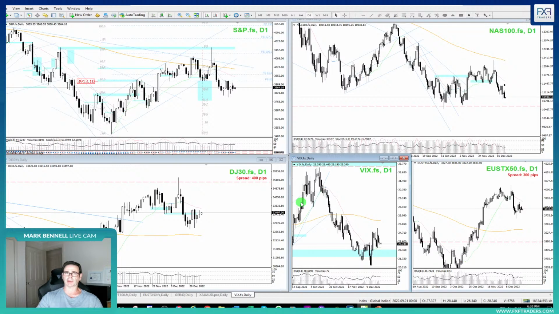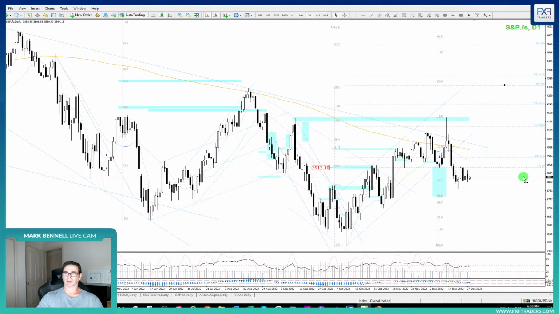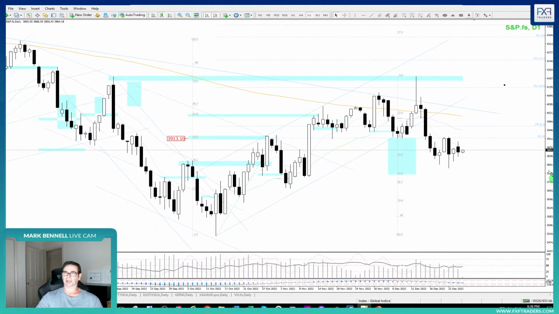Brings us back to the macro. Doing not much as expected in the holiday season. So just consider this. It's just a little bit of a consolidation. It's at that key area.